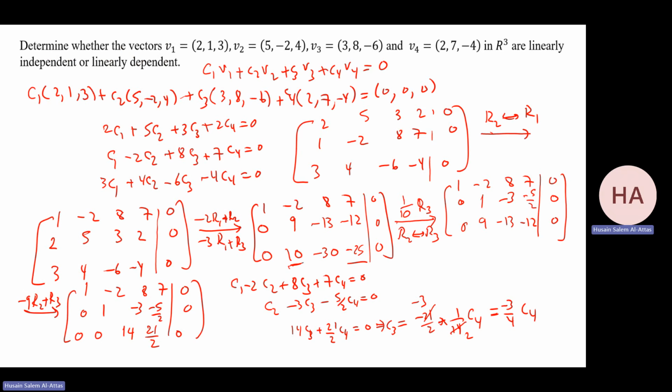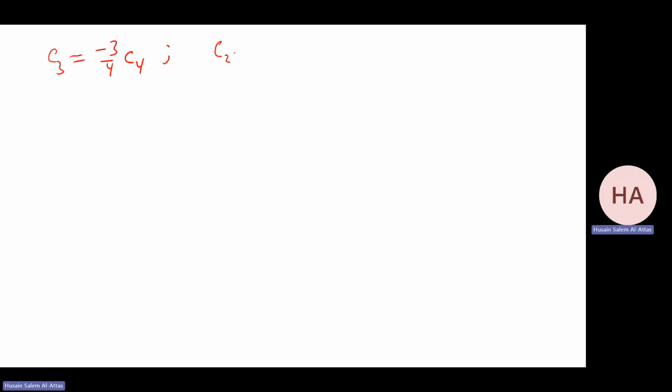And now from here, C2 equals 3C3 plus 5 over 2 C4, which is what? Minus 9 over 4 C4 plus 5 over 2 C4.